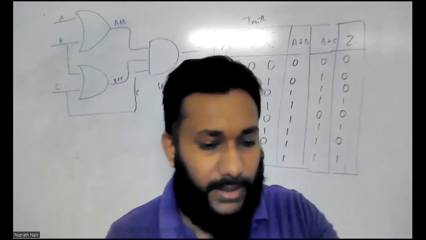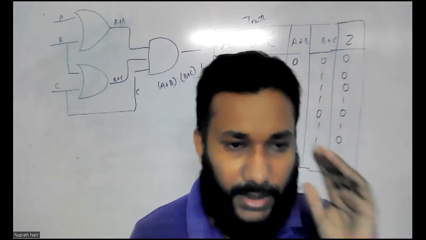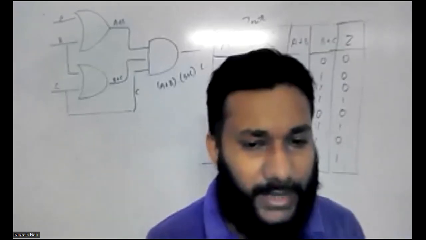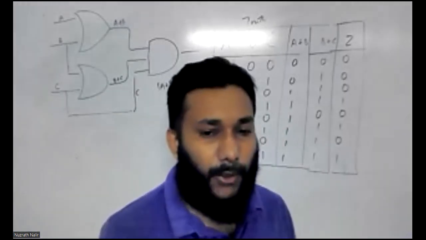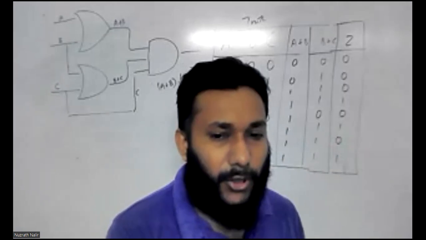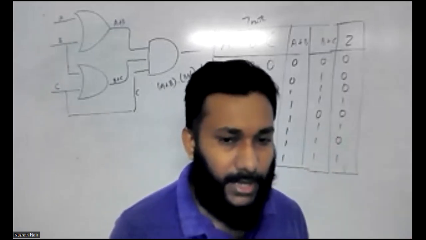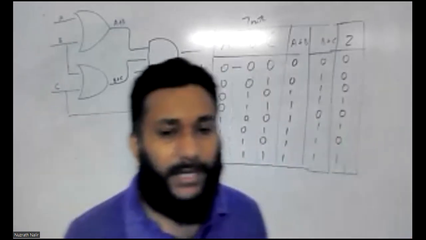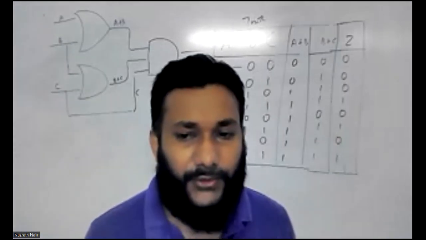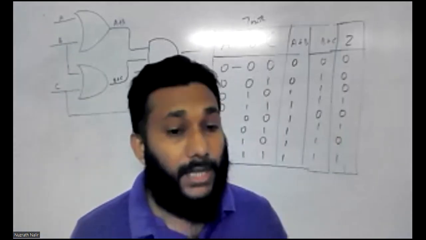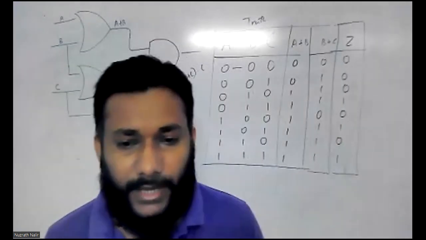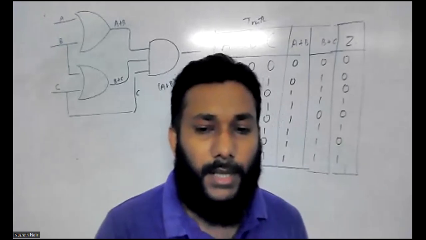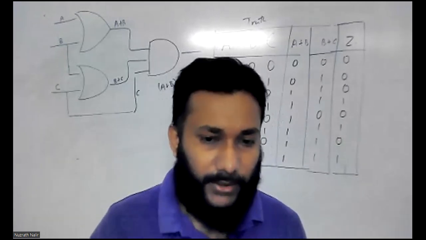Let's see your question number 5. The A part is completed. This is the truth table. Now using a Karnaugh map, derive a simplified sum of products expression for the output Z. And the C part: using a Karnaugh map, derive a simplified product of sums expression for the output Z. Okay, let's see.